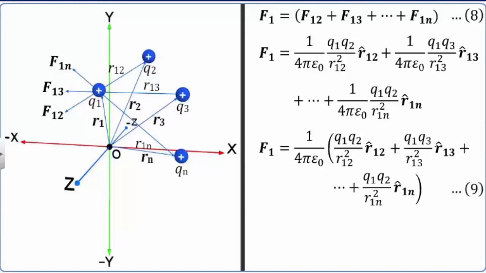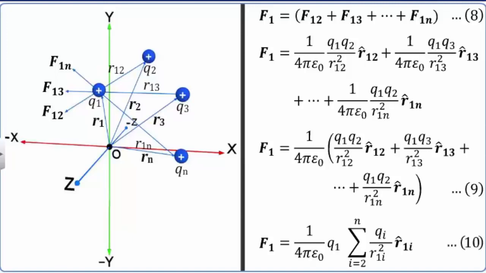Thus, net electrostatic force on Q1, F1, is equal to 1 by 4 pi epsilon naught into Q1 into sigma i equal to 2 to n Qi by R1i square into R1i cap. Let this be equation 10.